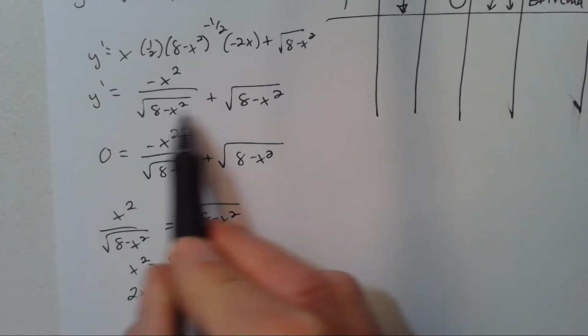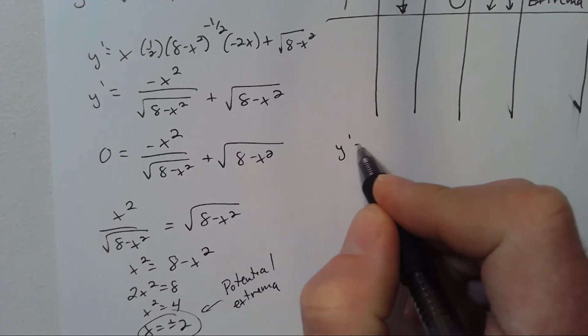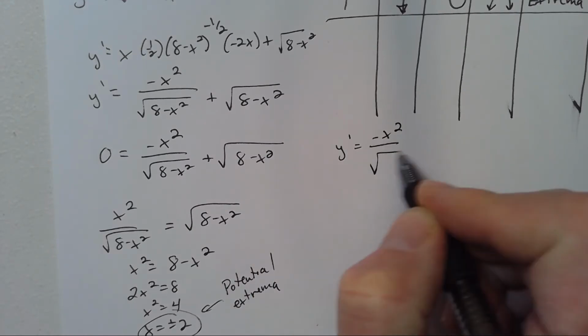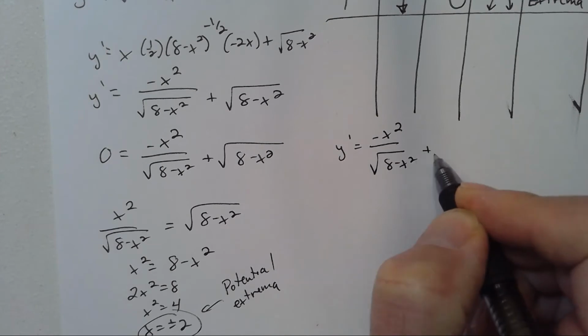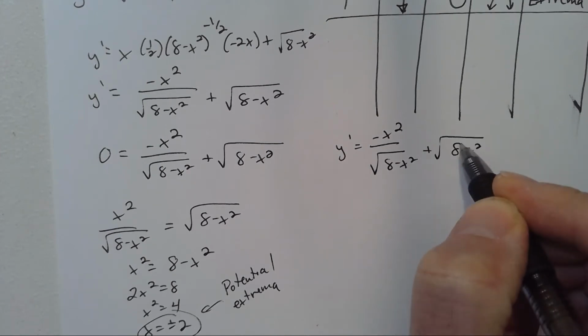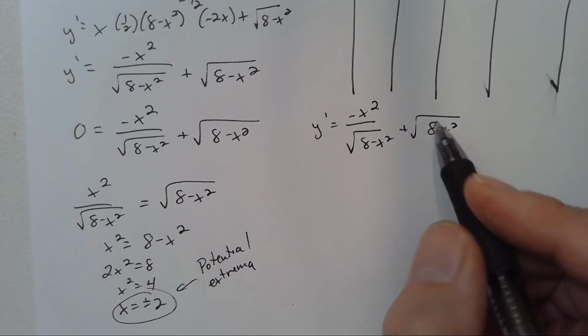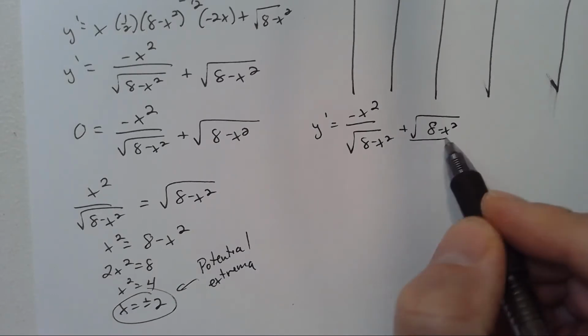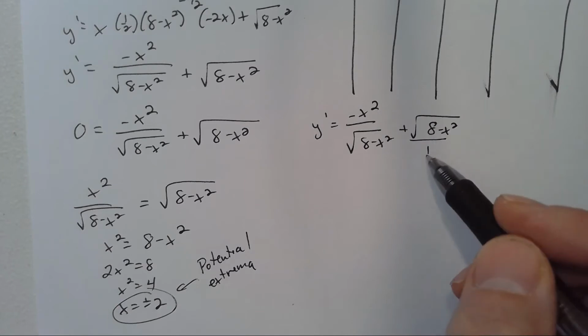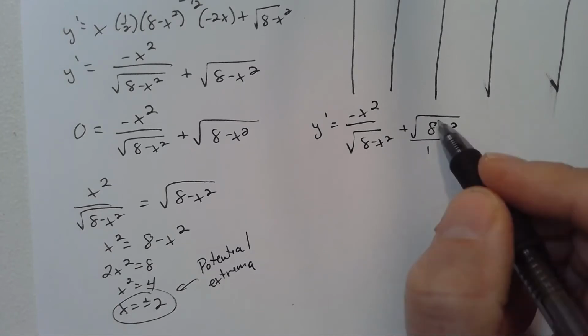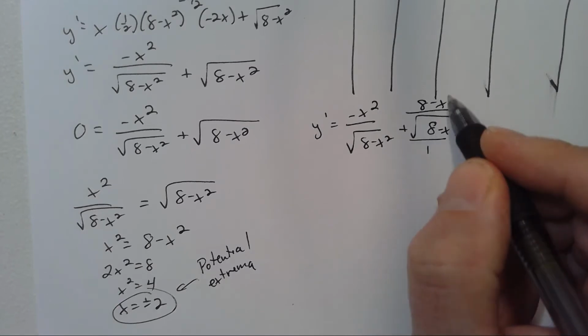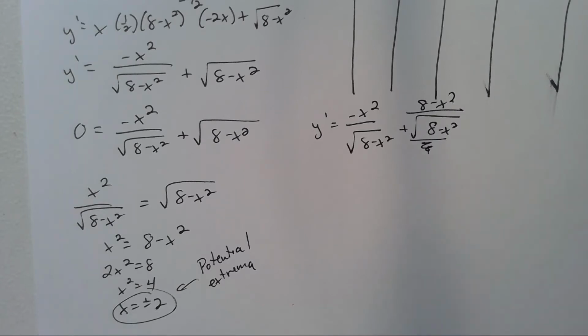So y prime is negative x squared over square root of 8 minus x squared plus, so common denominator, you could do it over 1 and then multiply the top and bottom by the square root of 8 minus x squared. You're going to get 8 minus x squared over square root of 8 minus x squared.